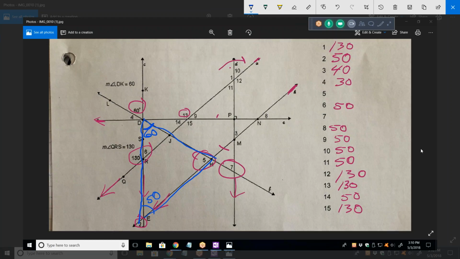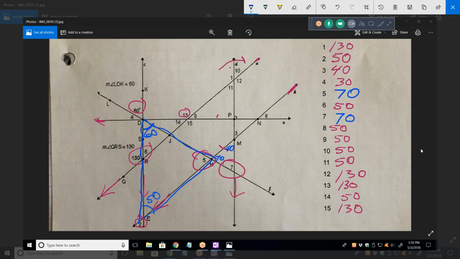What's angle 5? 70 degrees. Right? So if that's 70, that's 70. And 3 is 40, so that's 40. So what's 7? Also 70 degrees. And we're done.